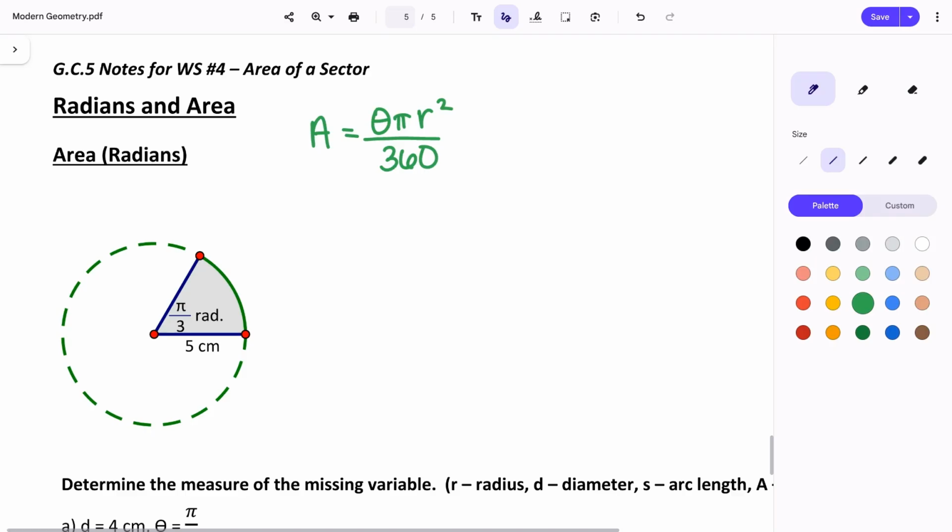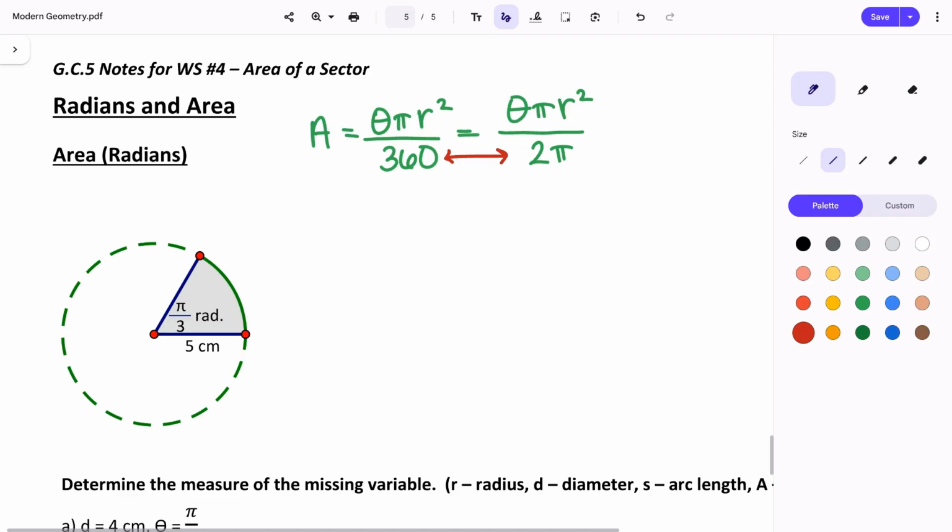But because we've talked about radians, how many radians did we say was in a full circle, a full 360 degrees? 2 pi, right? So I'm going to rewrite this a little bit so it says theta times pi times radius squared over 2 pi, because we can now convert from degrees to radians, since a full circle is the same as 2 pi radians.